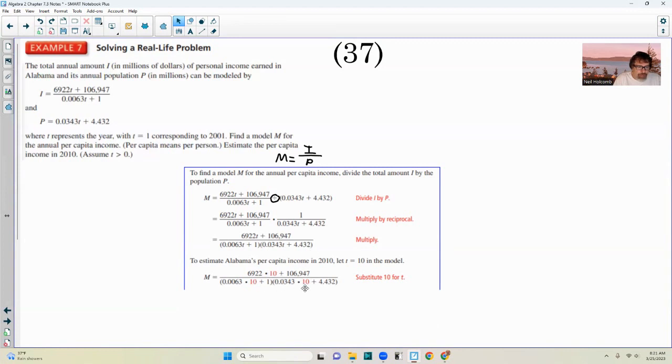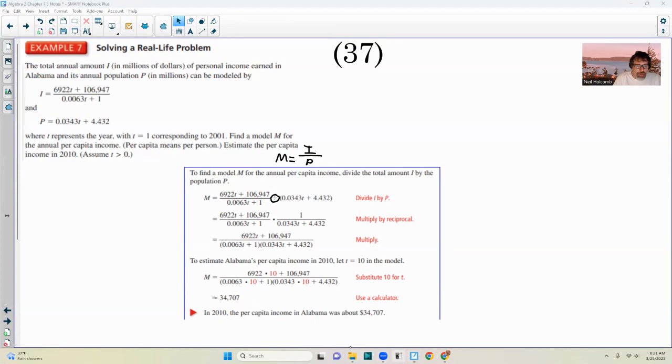And so all we're doing there is substituting in 10 for all the T's. And when we do that, plugging that into our calculator, we should have gotten 34,707, which means that in 2010, the per capita income in Alabama was approximately 34,707.